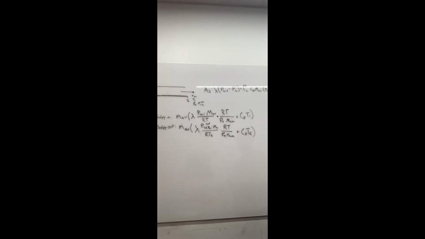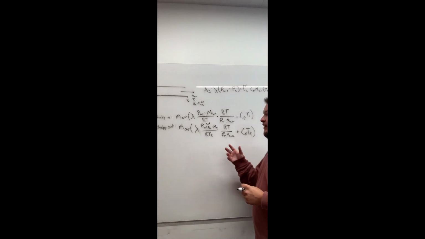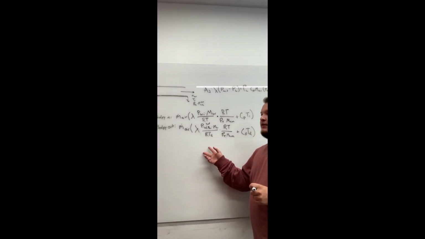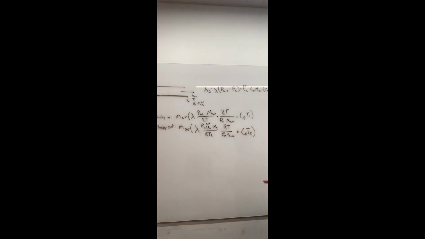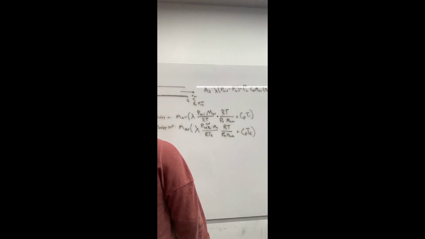So the next thing we're going to do is take the enthalpy out and then compare it to the enthalpy in. And to do that, basically we just set them equal to each other.